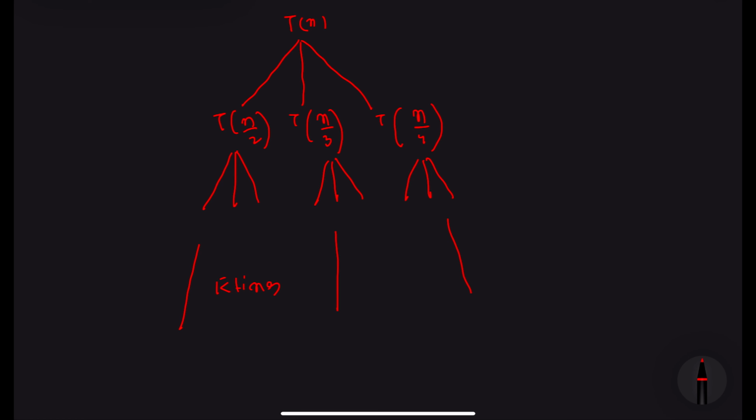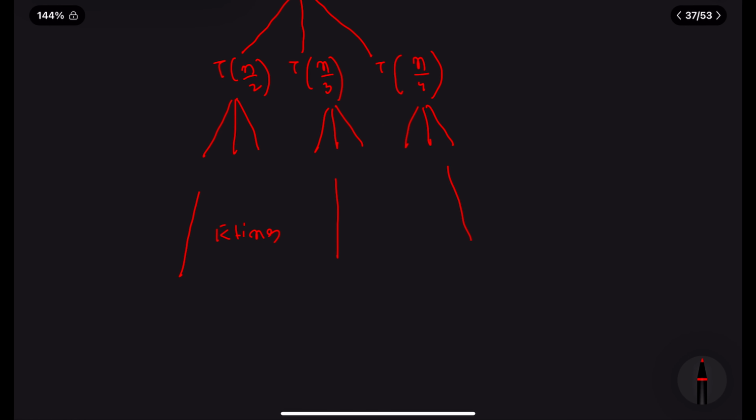All three will go up to k times, and at the end of k times this will become n/2^k, n/3^k, and n/4^k.